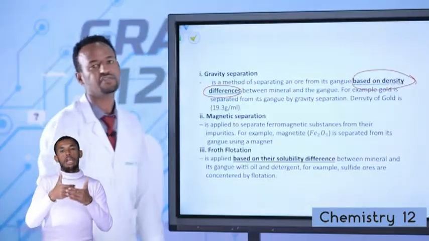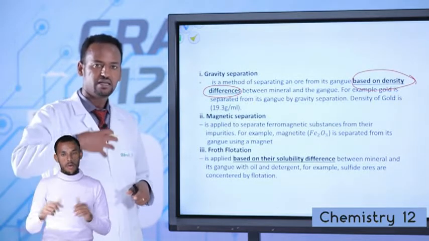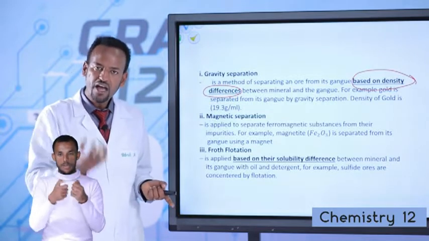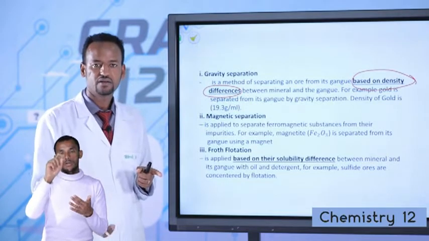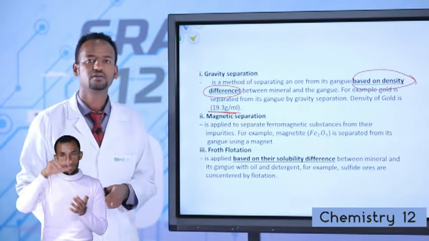For example, gold with its impurity is extracted by gravity separation. Why can gold be used in this case? Because the density of gold is very high, 19.3 grams per milliliter. This is the density of gold.